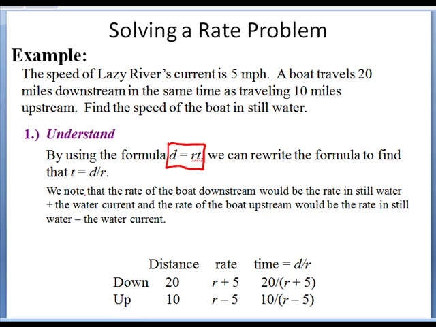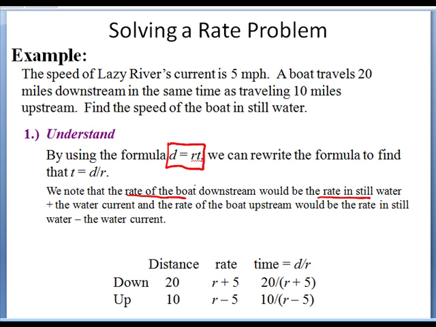So we know that the rate of the boat downstream should be the rate in still water plus the water current. And the rate of the boat upstream should be the rate in still water minus the current, because we go against the current when we go upstream. So here's the table. For downstream, we have 20 miles as our distance, and the rate will be r plus 5, because we let r be the rate of the boat in still water.